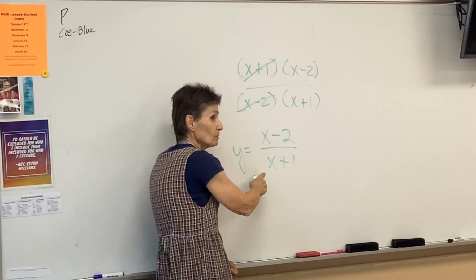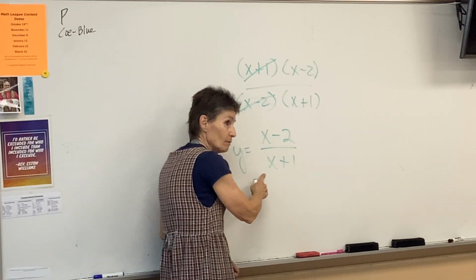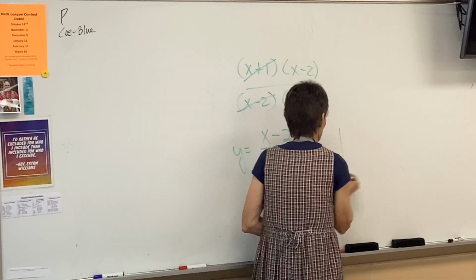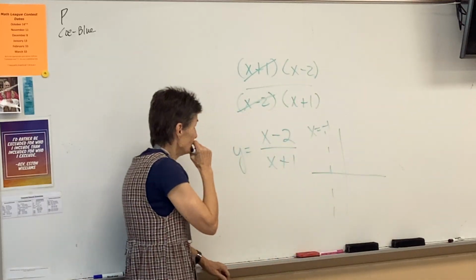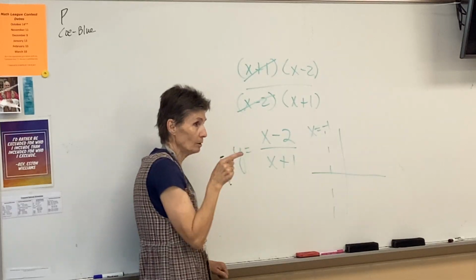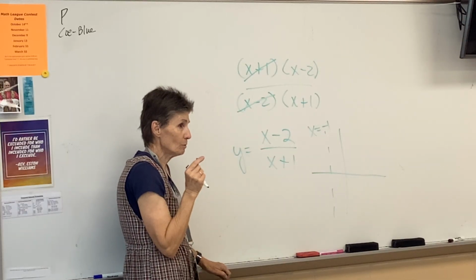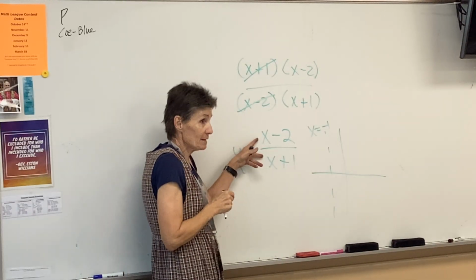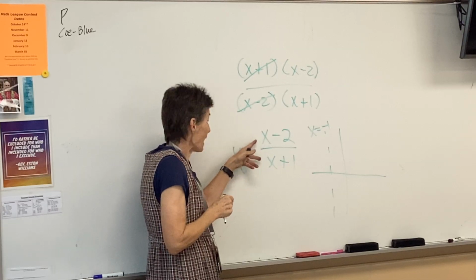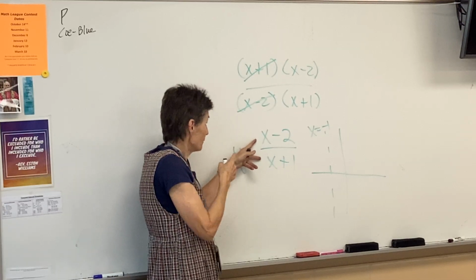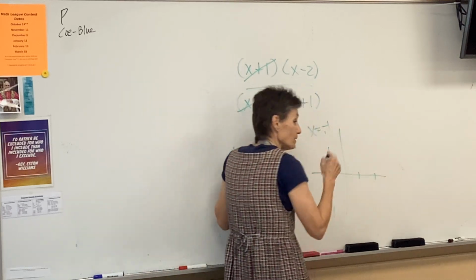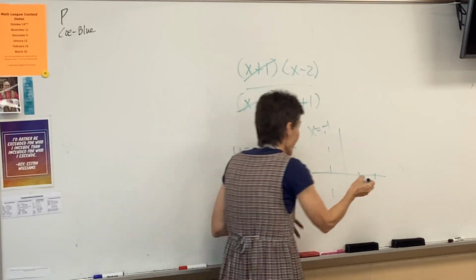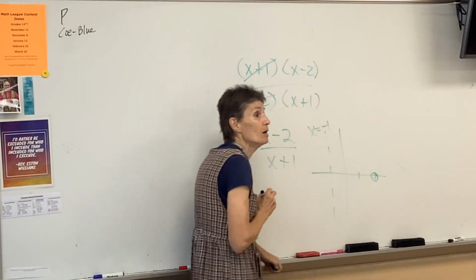Now, x still can't be -1, so I'm going to have a vertical asymptote at -1. In the original, x couldn't be 2, but now it can be 2. And in fact, when it is 2, this time I happen to get 0. But since it couldn't be 2 in the original, I have to make that an open dot.